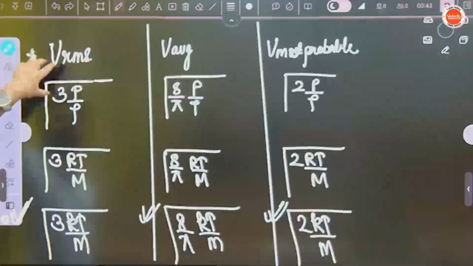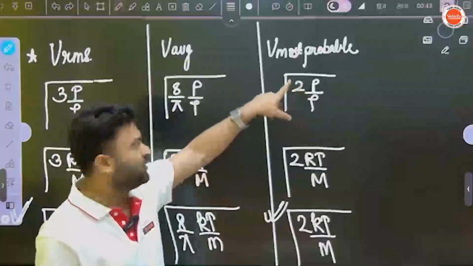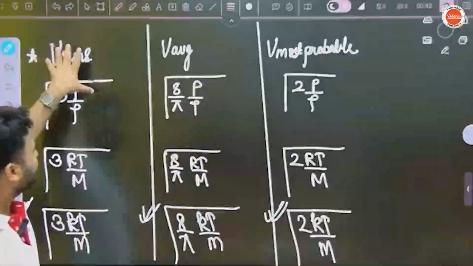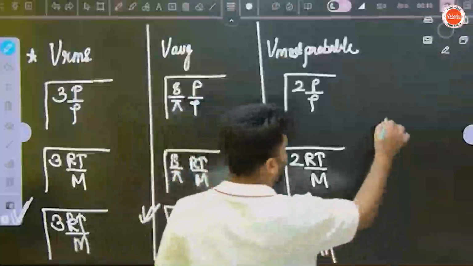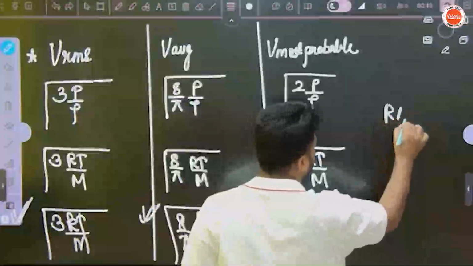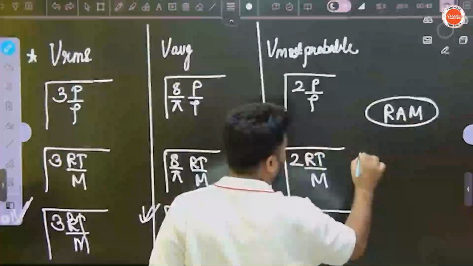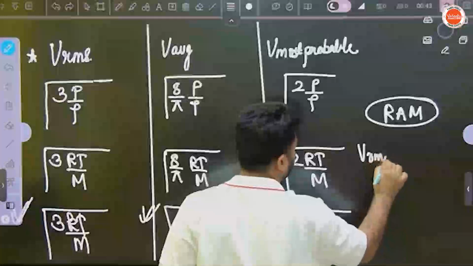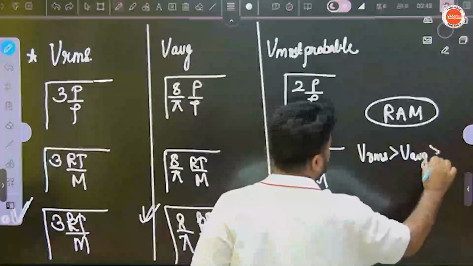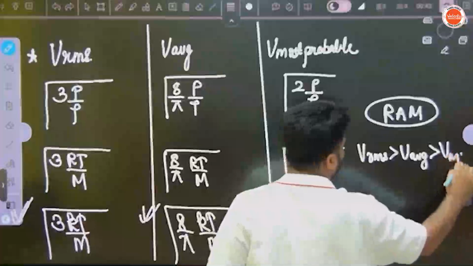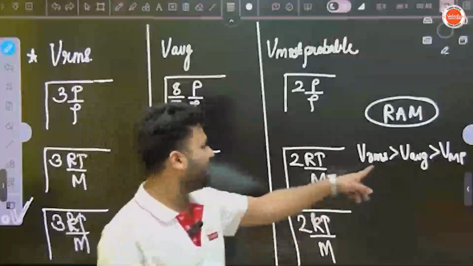See here, this is 3, this is less than 3, this is further less than 3. Always remember, VRMS is greater than V average, which is greater than V most probable. You can remember it like the word RAM. R for RMS: VRMS is greater than V average, average speed, greater than V most probable.